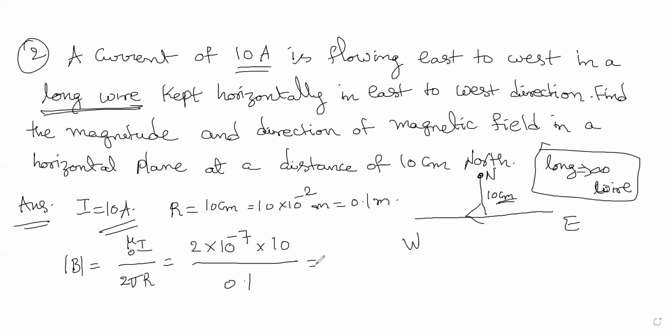So let's work out the answer. It is 2 into 10 to the power of minus 5 Tesla. That's the amount of magnetic field.